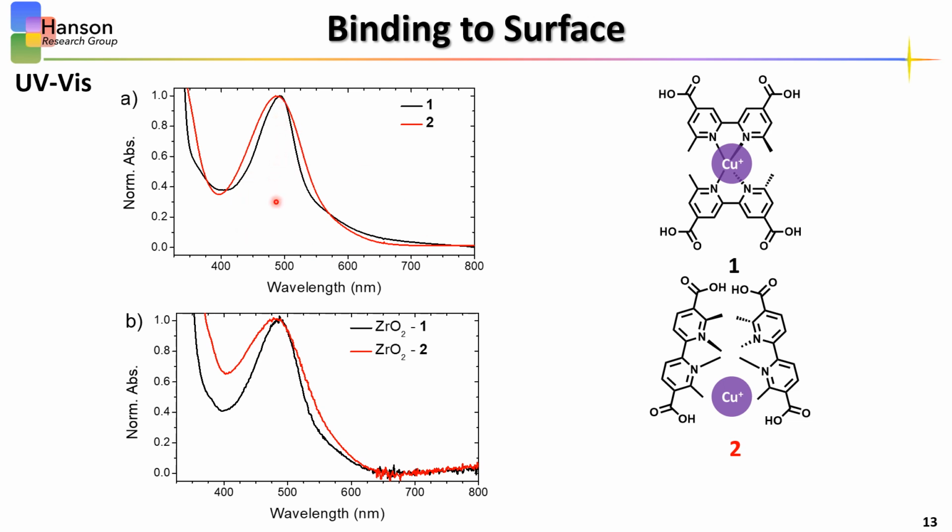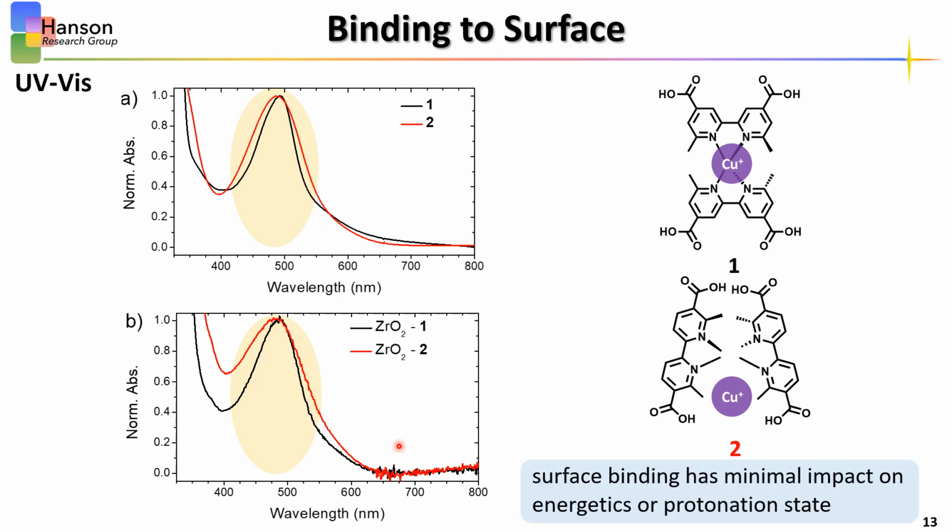We can see the strong MLCT band near 500 nanometers, and when it is bound to the surface, we can see the strong MLCT band at 400 to 600 nanometers as well, which indicates the molecules are successfully binding to the surface. And we can see the surface binding has a minimal impact on the protonation states.